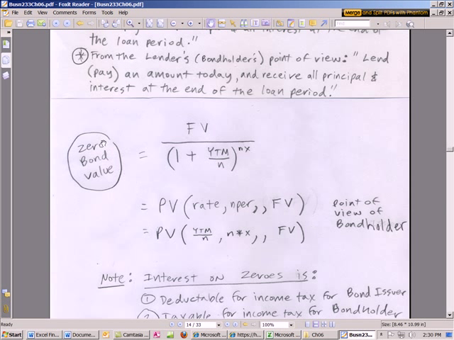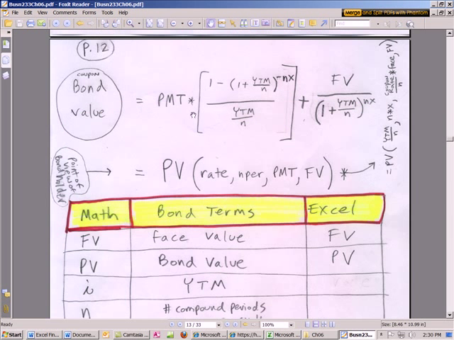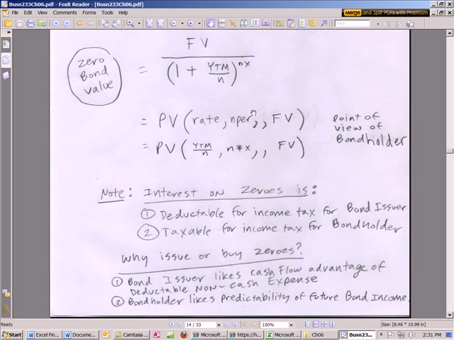So here's our zero bond value formula and our PV function. This is from the point of view of the bondholder because that future value amount, the face value, is positive. Now notice this formula, if we had just used this one, it would have been fine because this would be 0, and that would cancel that out. Zeros, we'll see this later.